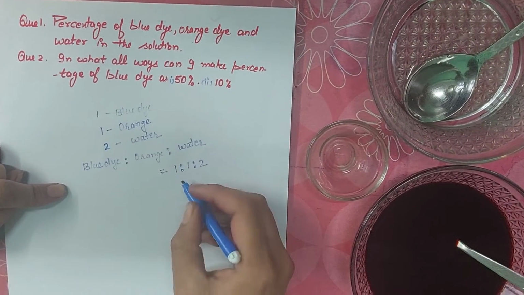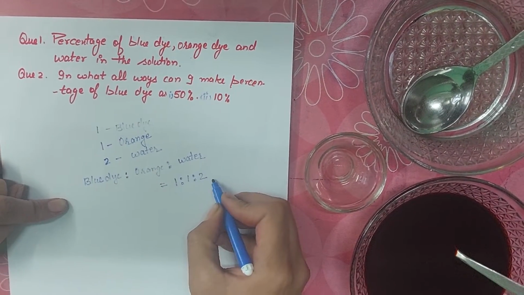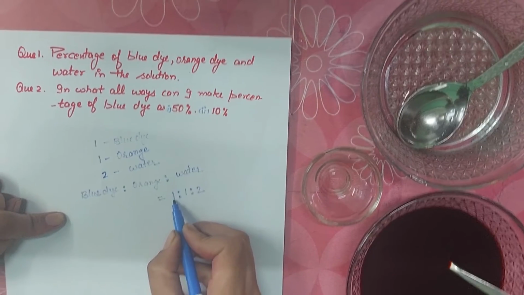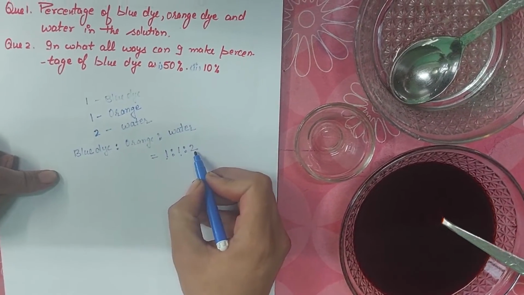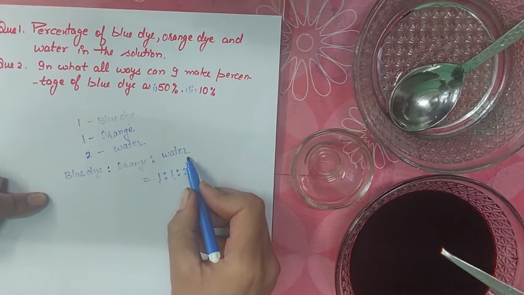So if the ratio is this, it means there is 1 scoop of blue dye, 1 scoop of orange, and 2 scoops of water.